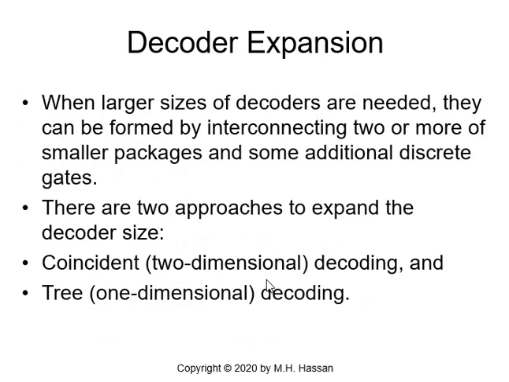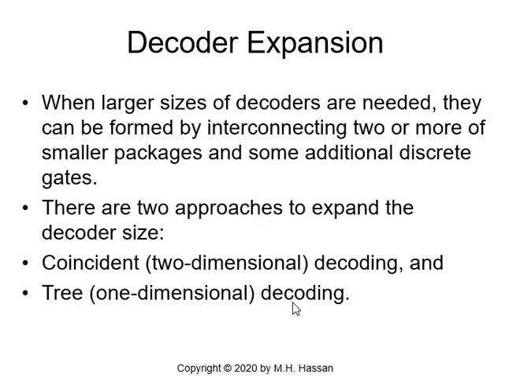Now, we will talk about decoder expansion. When larger sizes of decoders are needed, they can be formed by interconnecting 2 or more small packages or chips of decoder and some additional discrete gates. And there are 2 approaches to expand the decoder size: the coincident, or 2-dimensional decoding scheme, or 3 one-dimensional decoding.